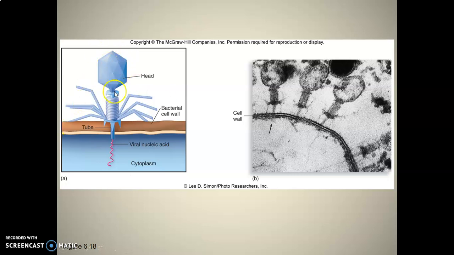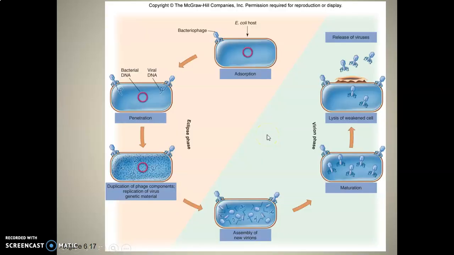So they have this icosahedral head where the genetic information is stored, and then they have these little legs, and they will adhere to the cell wall of the bacterial cell, and then they squat down as they adhere to this, and they will inject their DNA inside the cell. So these ones aren't actually invading and getting inside of the cell, they're injecting their DNA. And this is an electron micrograph of that happening.